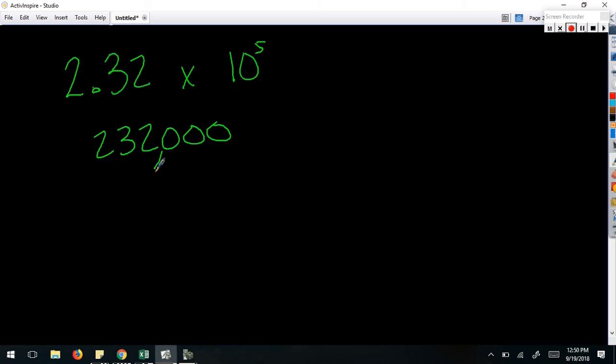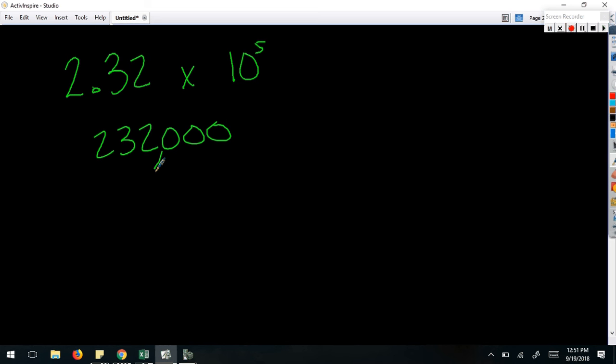But what I want you to take away from this is not so much what it represents, but one digit, a decimal and everything else. That's standard form. You wouldn't put 23.2 times 10 to the 4th because scientific notation is just that one digit, okay? So understand this is a multiplication problem, do we all agree?